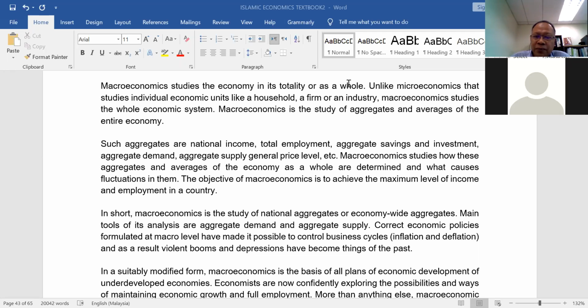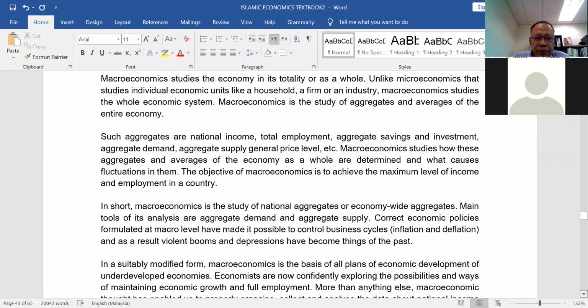Okay, so it's very important for the government to formulate the suitable and correct policies.